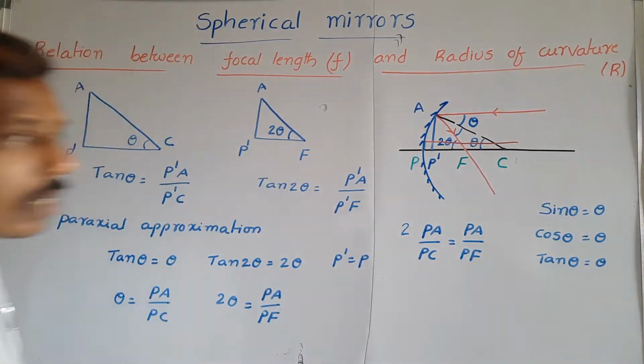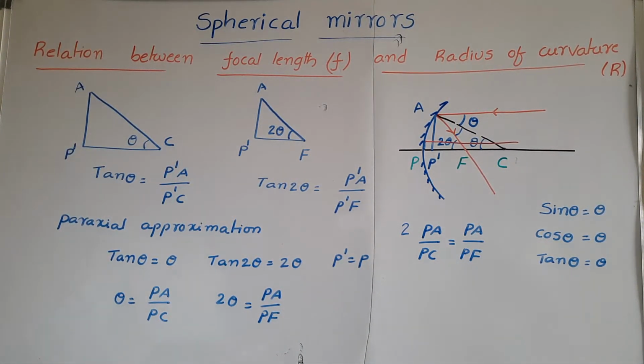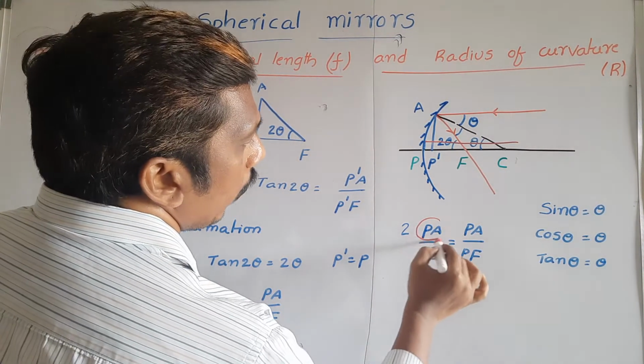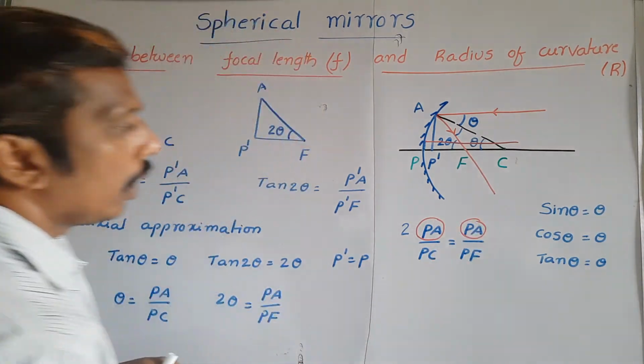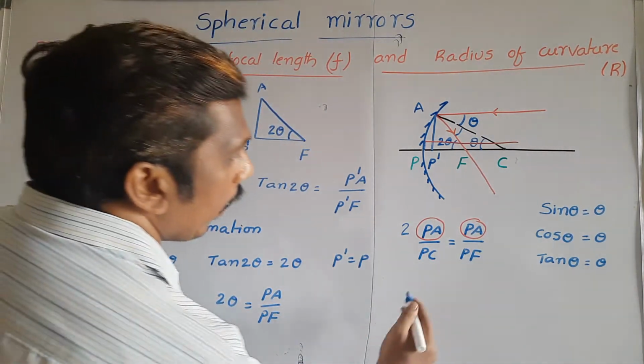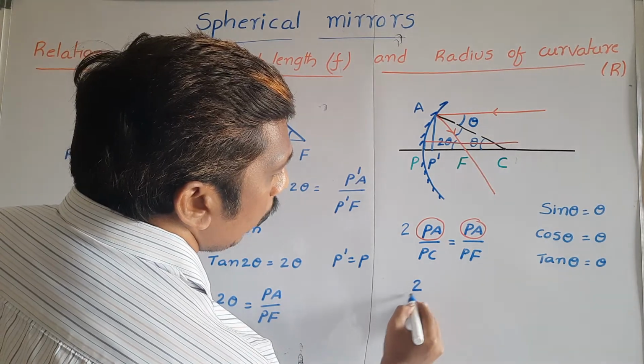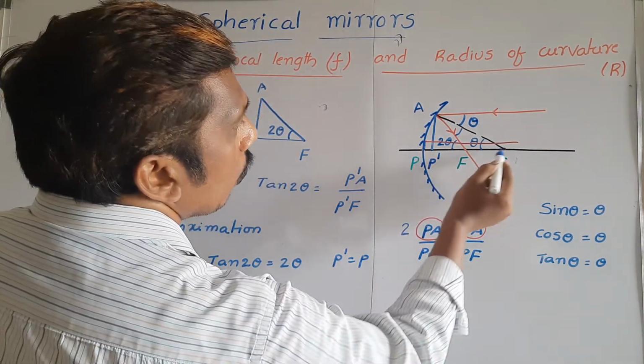If you observe both sides, PA is in the numerator, so PA cancels. Then we can write 2 divided by PC, pole to center of curvature.